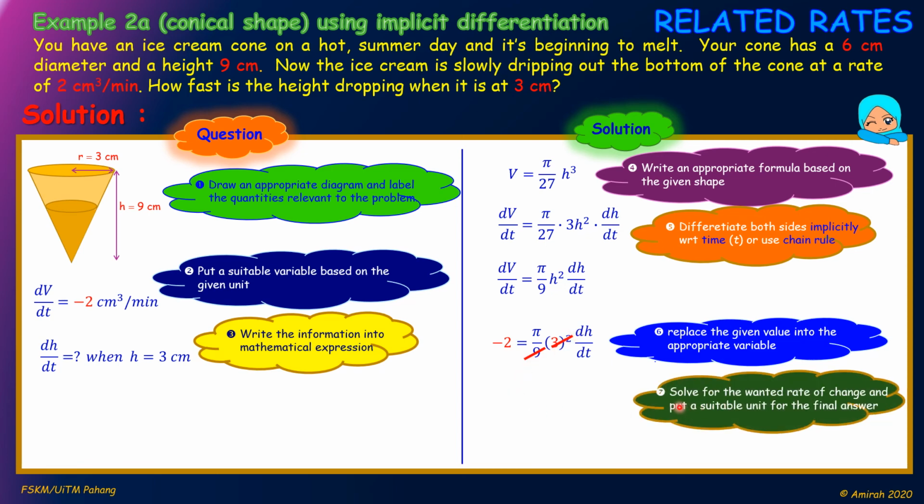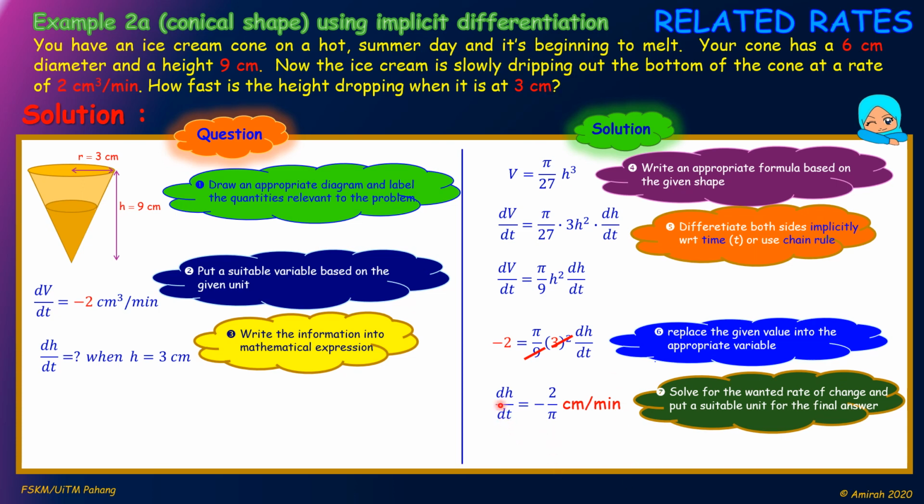So the final step is solve for the wanted rate of change and put a suitable unit for the final answer. So we write dh over dt as a subject because we want to find dh over dt. And then after we simplify, we have equals to -2 over pi here. And then we put a suitable unit. h here is cm.